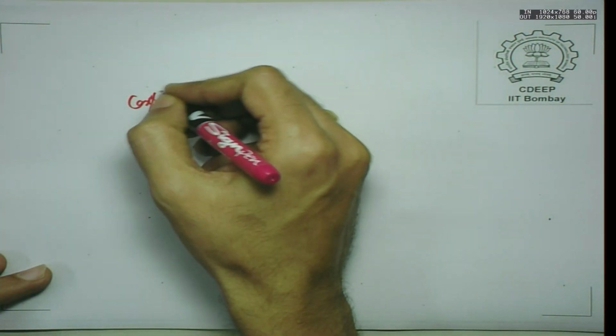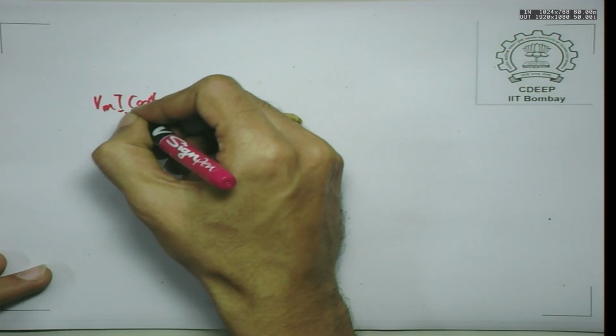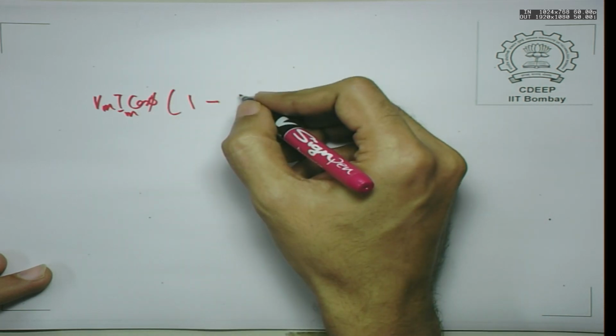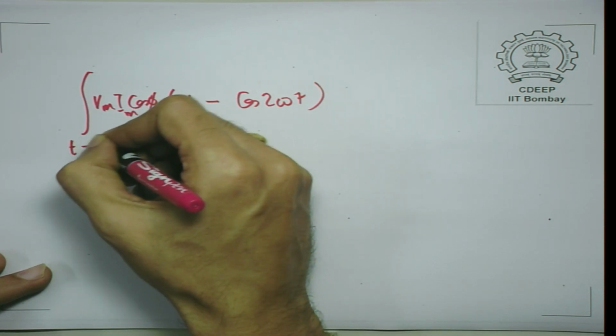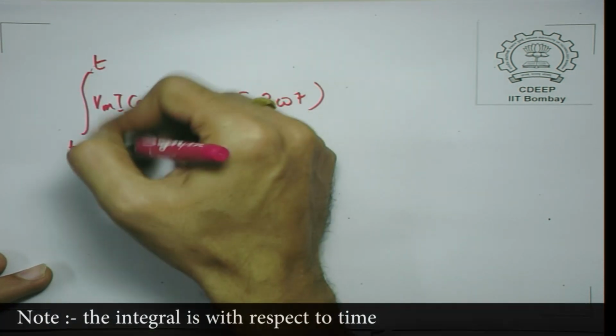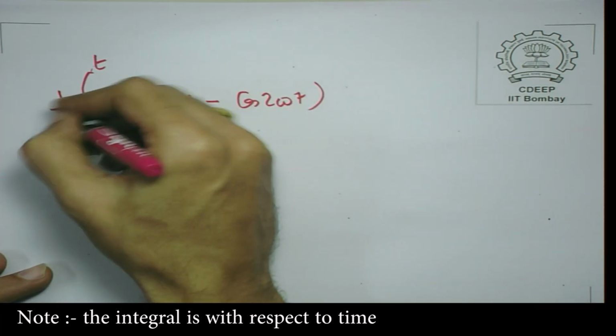If you integrate this over a period of the wave, you will find that as long as you evaluate this integral over one period, irrespective of when you start it, it works out. Take the first term, cos phi Vm Im, and the cos 2 omega t term; you integrate this over a period, so you can take any period, and take the average value of it.